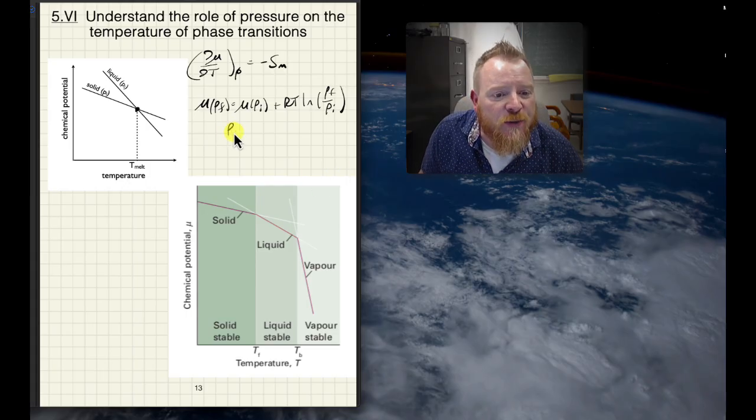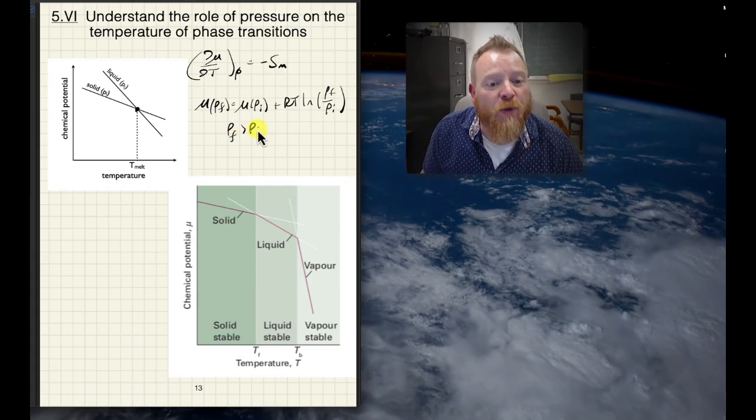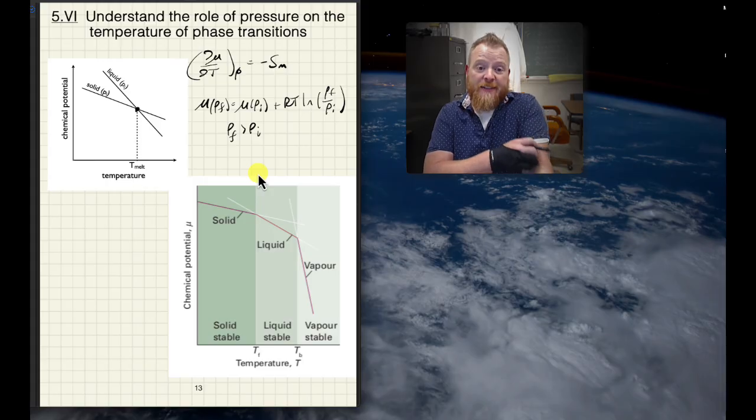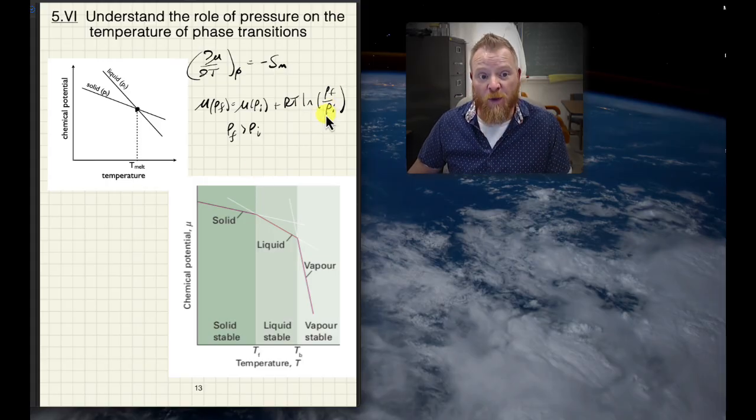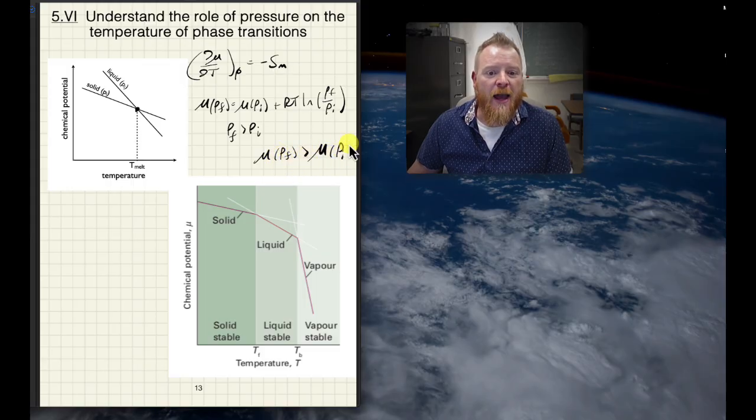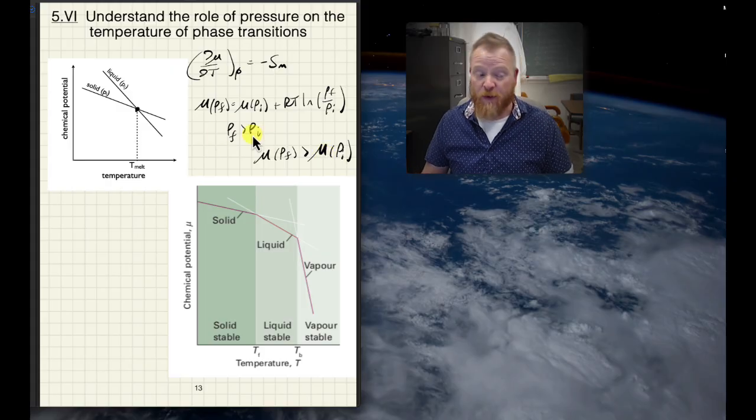In the case where PF is greater than PI, the natural log of a number greater than 1 will be positive. So overall, if PF is greater than PI, then the chemical potential will increase. Then mu at PF becomes greater than mu at PI.